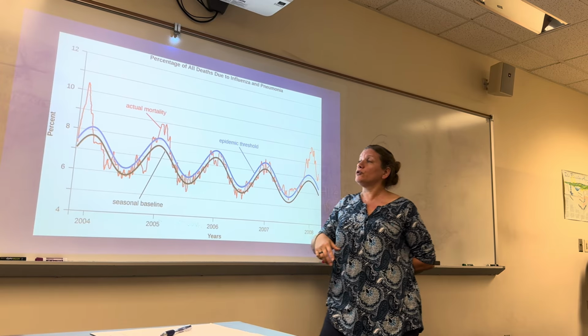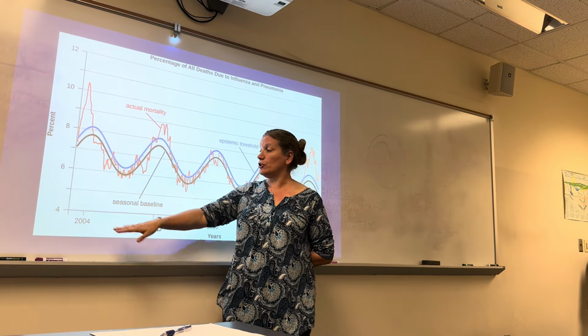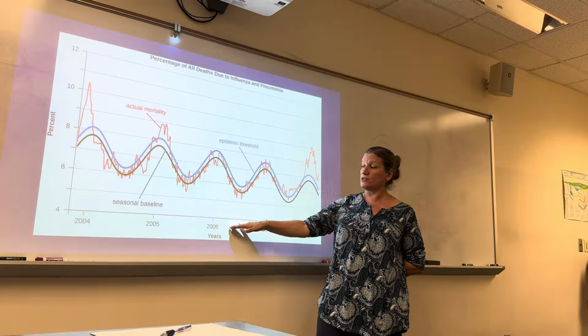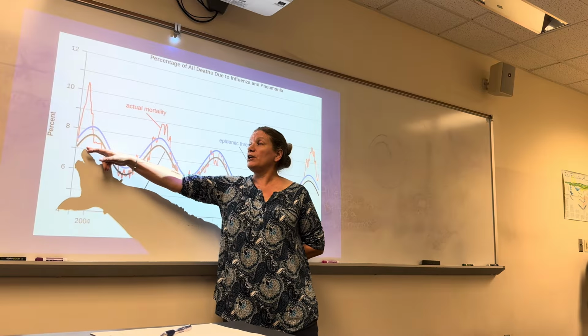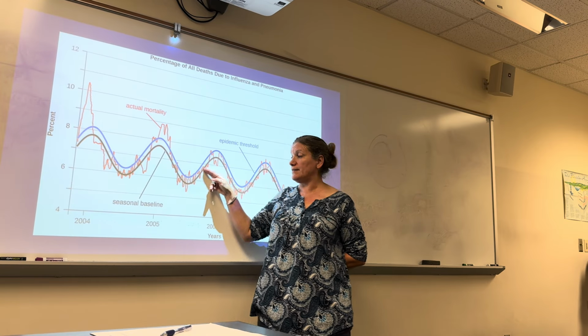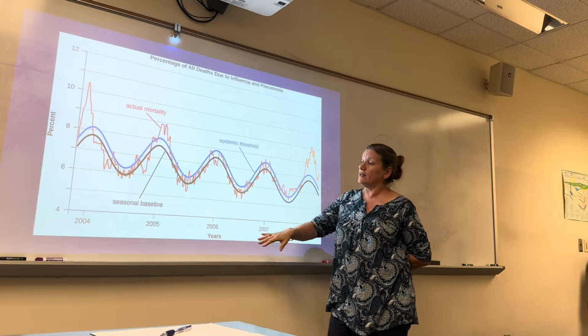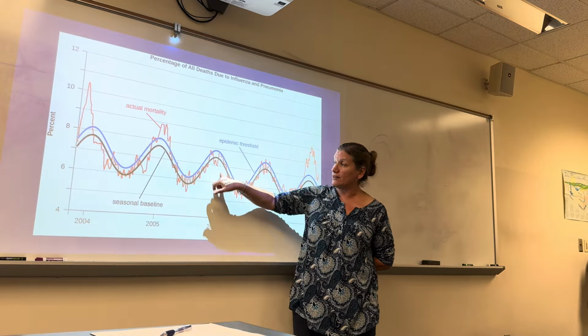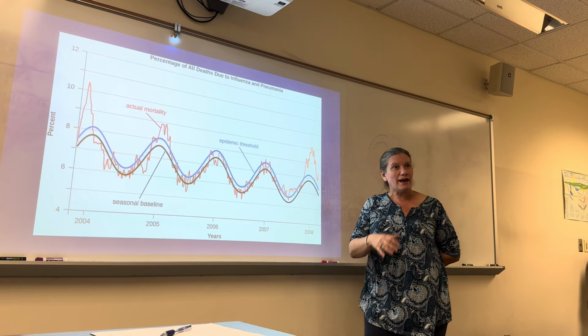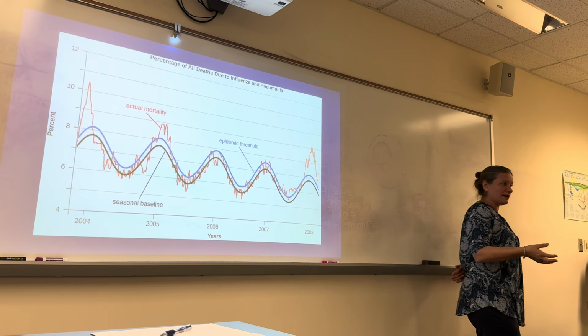So we have in our population during the course of the year, and this is several years' worth, and we expect it to cycle up and down during that year. We expect the highest in the winter months as we transition from one year to the next, right?